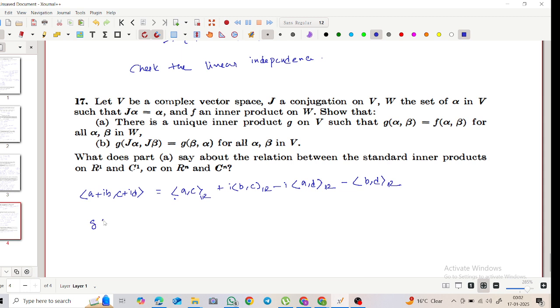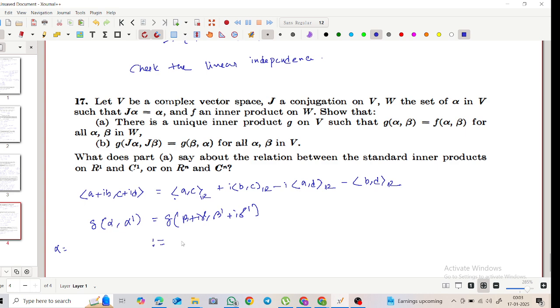That's it. So you take g(alpha, alpha prime), yes, write alpha, alpha prime, where alpha is beta plus i gamma, and this is beta prime plus i gamma prime. So what will it be? You have already f.